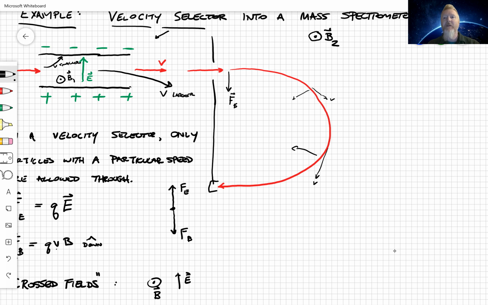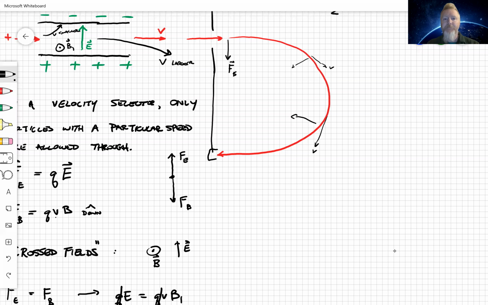So if it's a larger mass, then it's going to make a larger circle. It's going to come way out over here, and it's going to end up somewhere down here. And of course, likewise on the other side, if it's a smaller mass, it's going to go like this. The force will affect it much more, and so it accelerates quicker, and the centripetal acceleration is much larger.